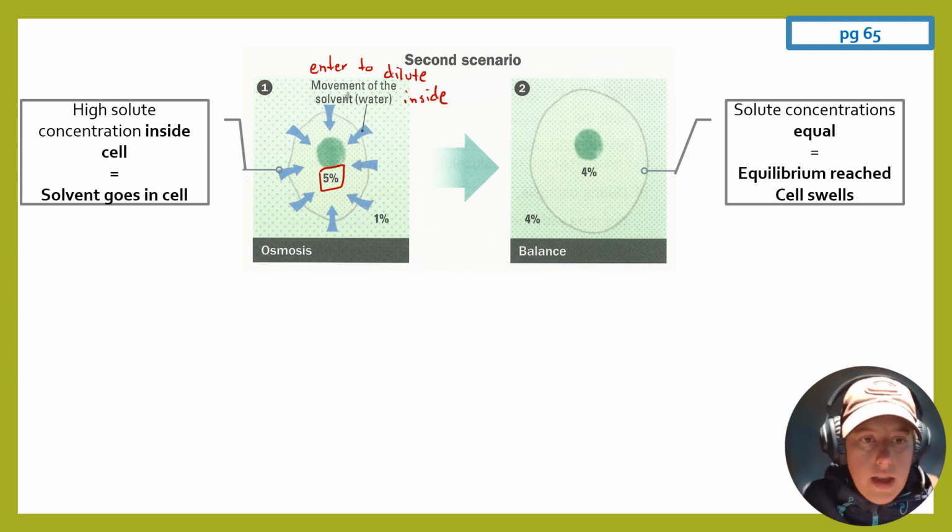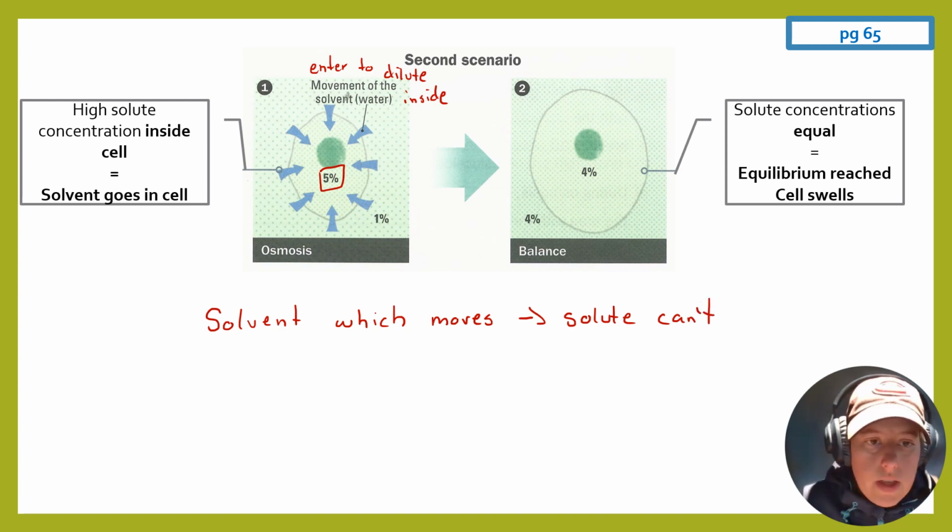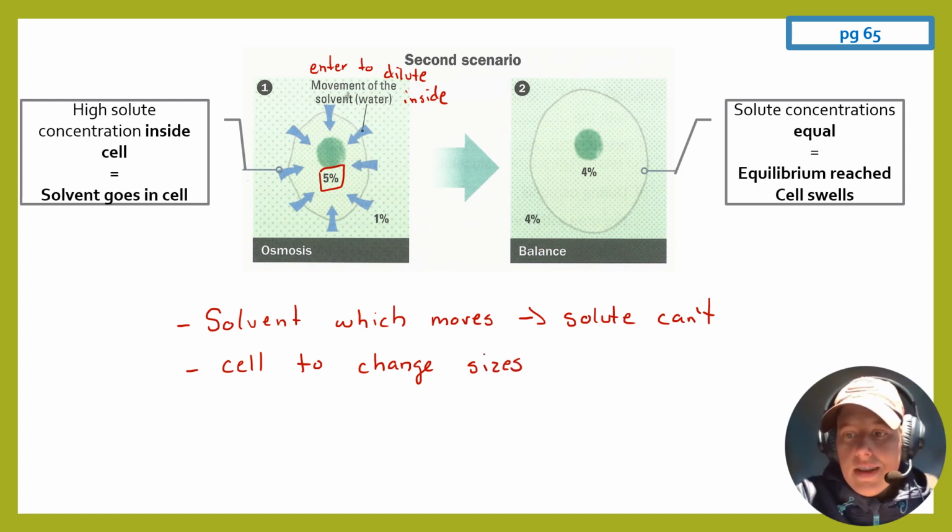So our key thing in osmosis is that it's the solvent which moves, and it's the solvent that moves because the solute can't. This causes the cell to change sizes. Hope this helps.